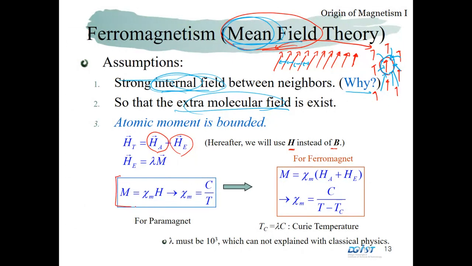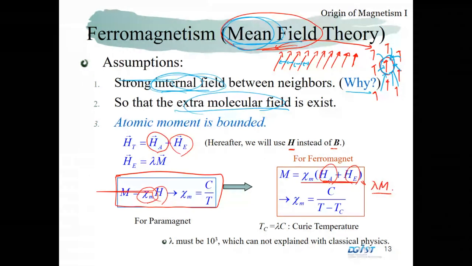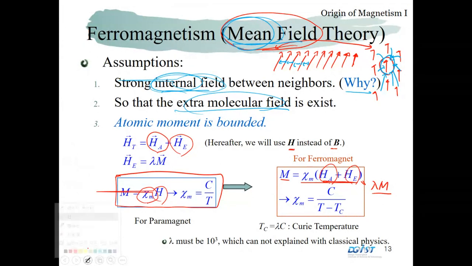So we recall the previous result. The magnetic moment of your sample is proportional to H or B, and the proportional constant is called the susceptibility, which is inversely proportional to T. Now we have a similar relation, but the H field is replaced by this total field, the applied field plus the molecular field. And this molecular field is lambda m again. So we have m on the right-hand side and on the left-hand side.